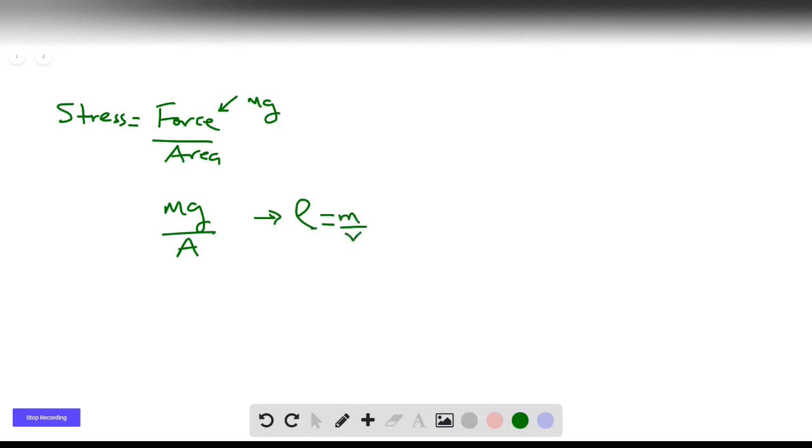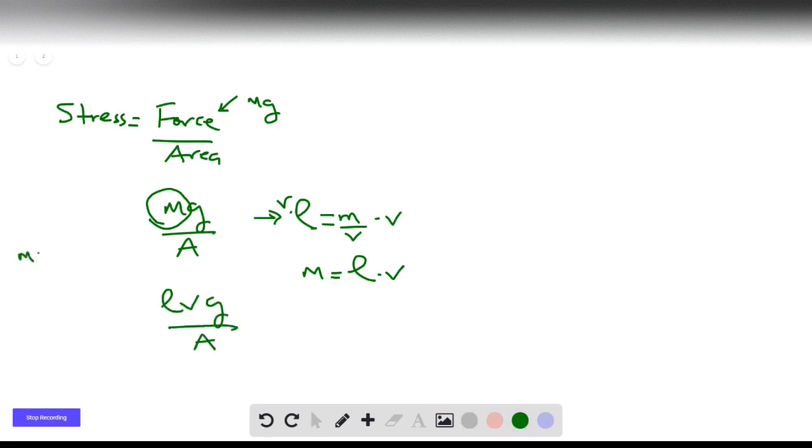So if you multiply both sides by the volume, you get to define the mass in terms of the density and the volume. And so we can do that replacement on the mass and say rho V g over the area.